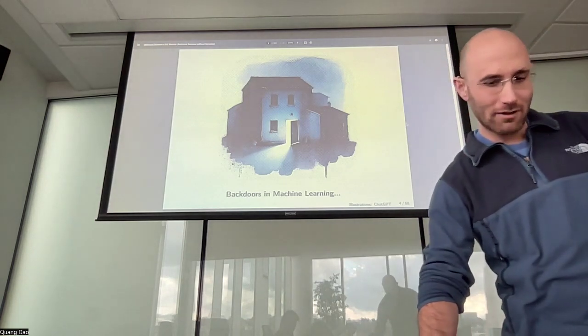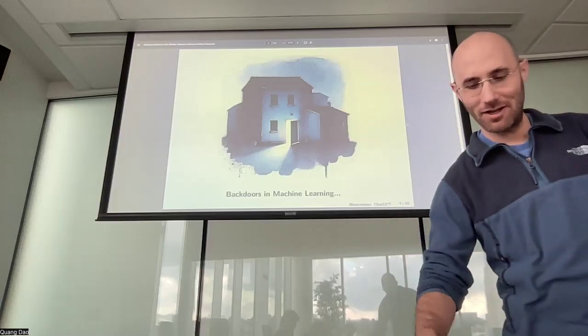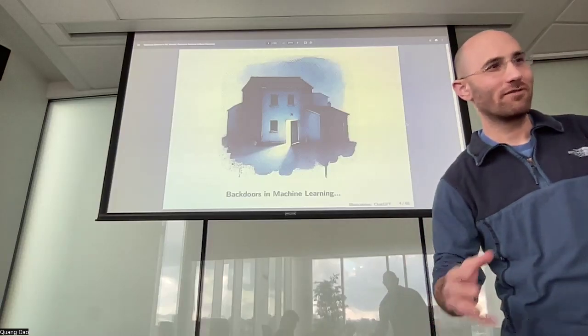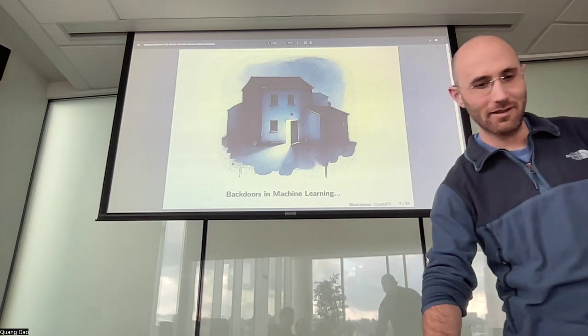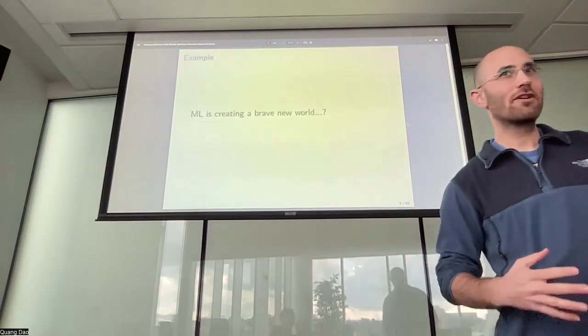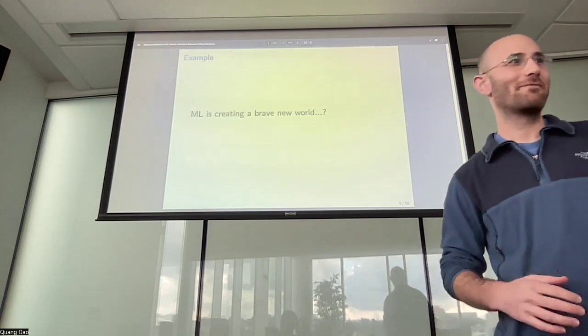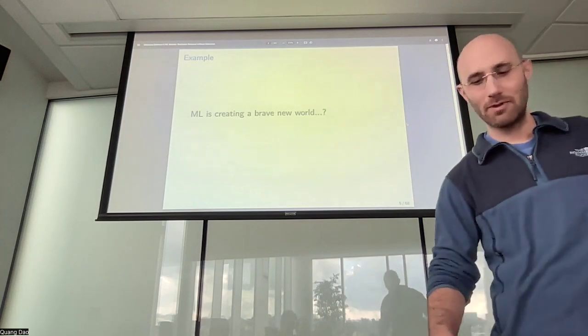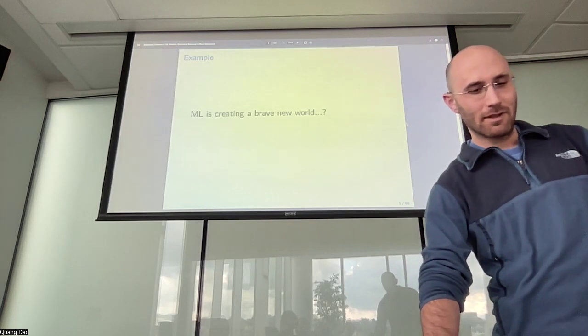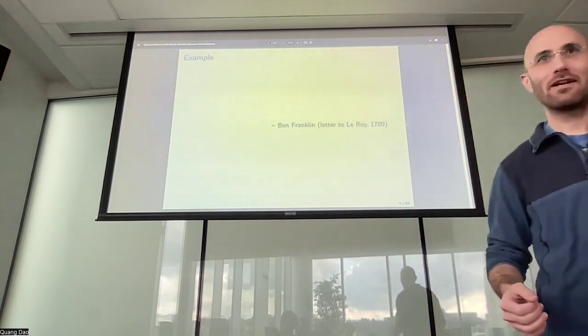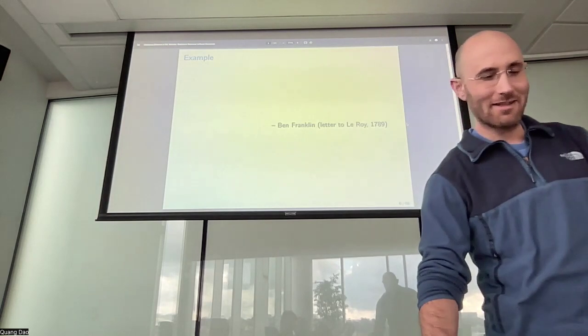Okay, so let's start with a very gentle, very general intro to this topic. So, machine learning is maybe creating a brave new world. We really don't know what to expect. Might be a utopia, might be a dystopia. But we can look back to our forefathers and get some wisdom from them.